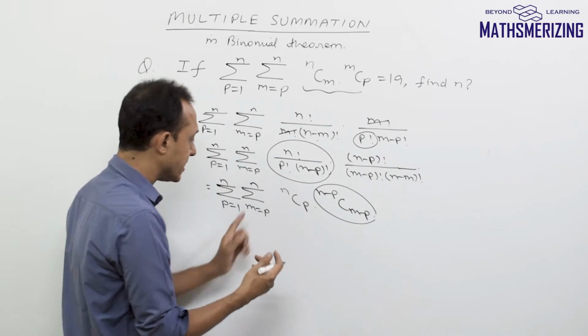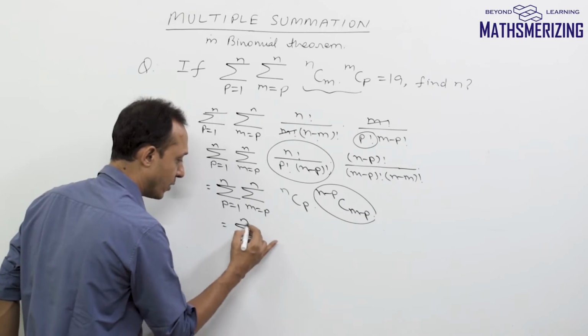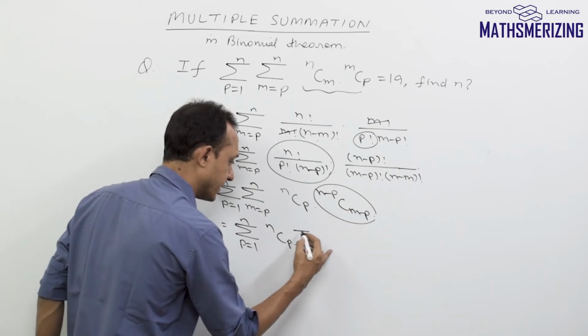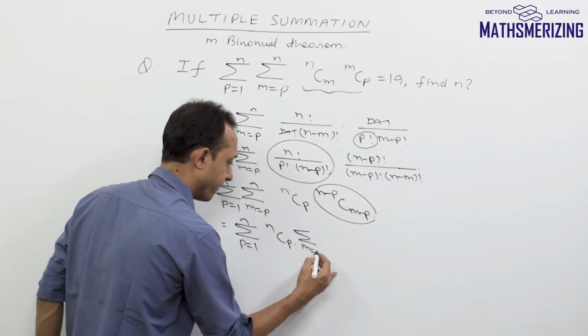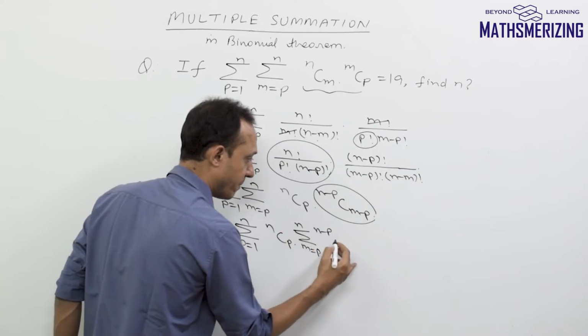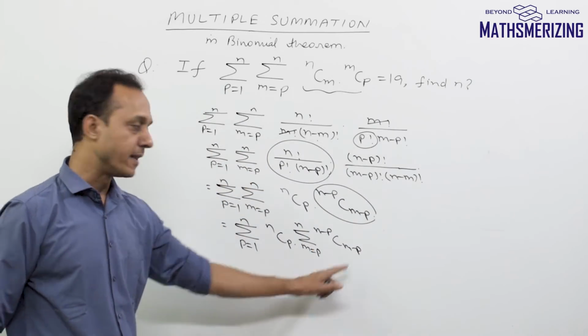So now I can take this nCp out. I can write summation p varies from 1 to n, and then it will be nCp, and then it will be the series which is the value of m starts from p and ends at n, and it is n minus p C m minus p. So first I'll try and find the sum of the series.